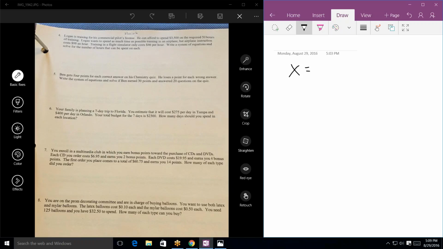X would be airplane instructions. Number of hours of airplane instruction. What would Y be? And then Y would be flight simulator hours, or number of hours for the flight simulator.